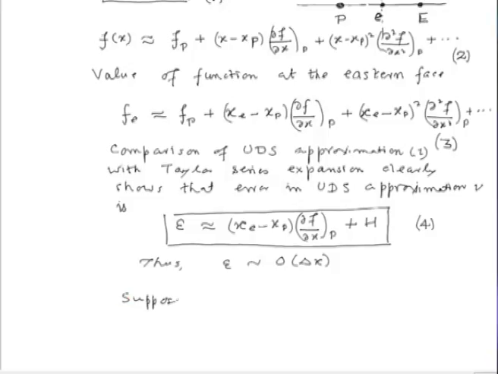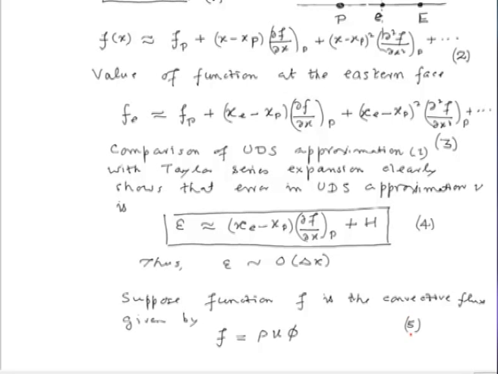So, suppose function f is the convective flux given by f is equal to rho u phi, where u is the velocity component in x direction, and phi is the scalar quantity whose flux f represents.